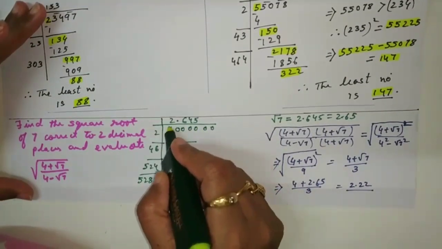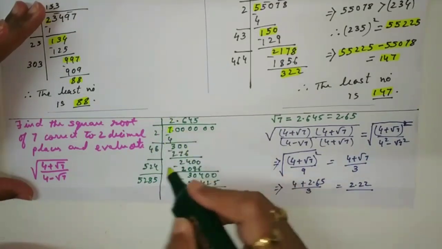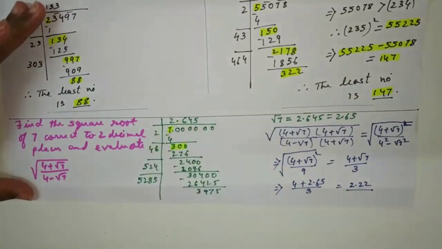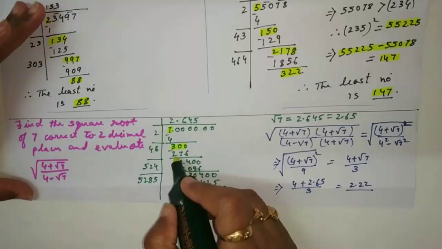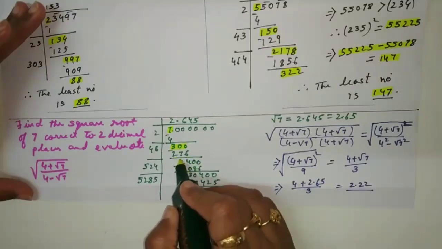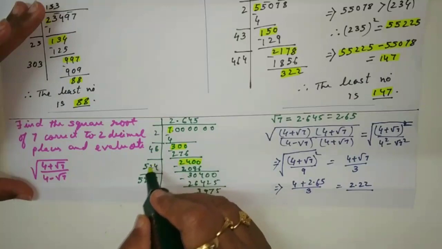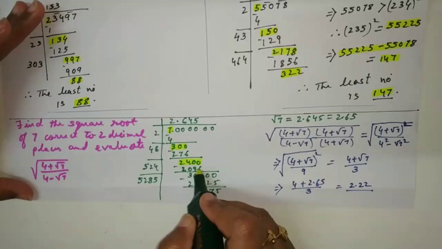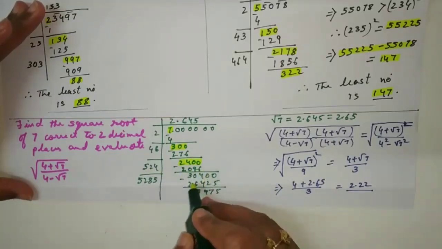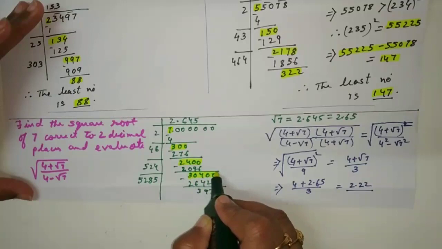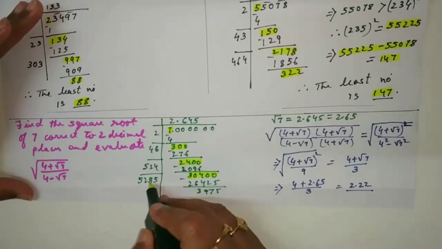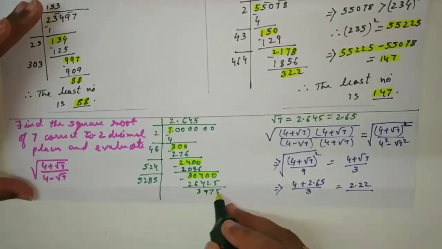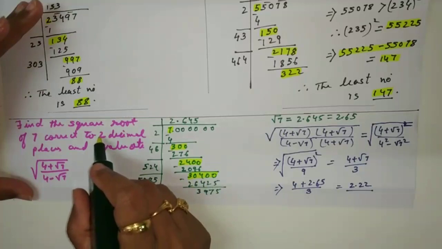When we consider 7, 2 2s are 4, difference is 3, next pair comes down, decimal goes up, 2 plus 2 is 4, 6 multiplied, so you get 276, the difference is 24, the next pair comes down, 46 plus 6 is 52, the next number is 4, 4 4s are 16, 4 2s are 8 and 9, 4 5s are 20, difference is 304, and the next pair comes down, 524 plus 4 is 528, the new number is 5. The division will continue, but we have to stop because it is correct to 2 decimal places.